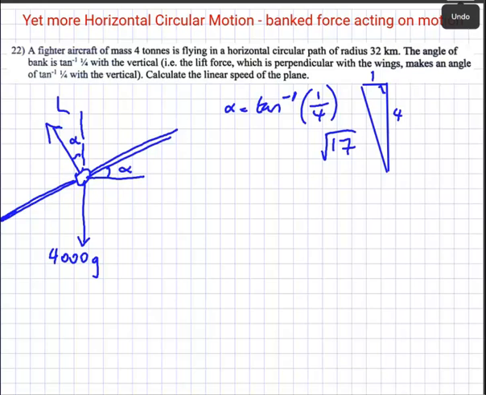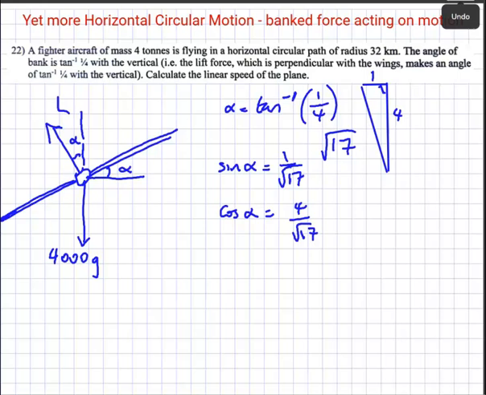So if the tan of alpha is 1/4, then we have the sine of alpha being equal to 1 over root 17, and the cosine of the angle is going to be 4 over the square root of 17. So we can now use those two ratios to be able to work on our forces.